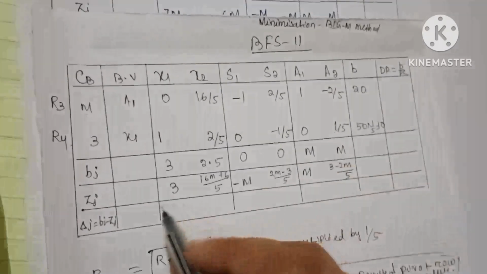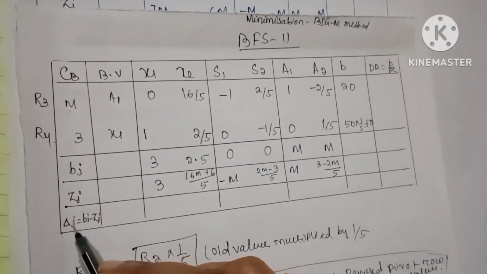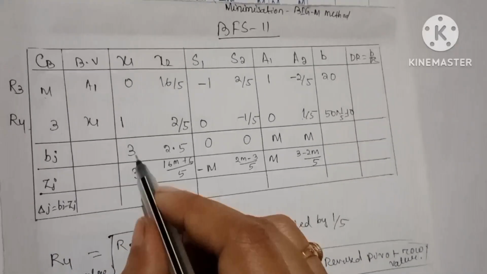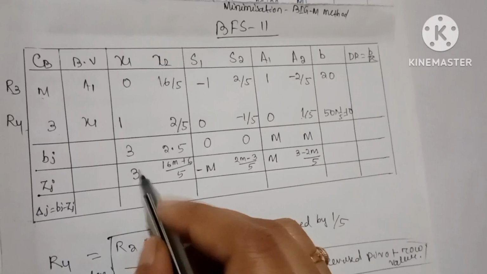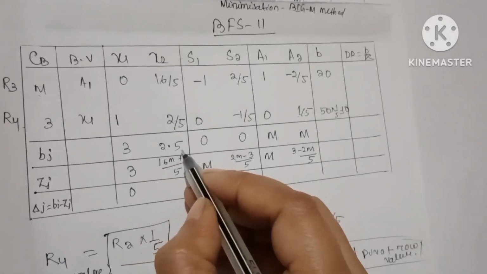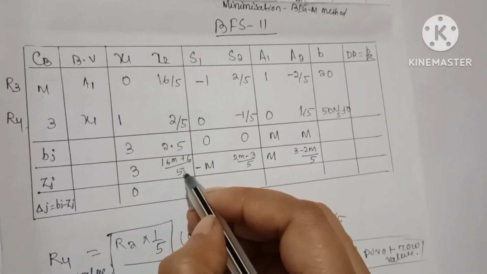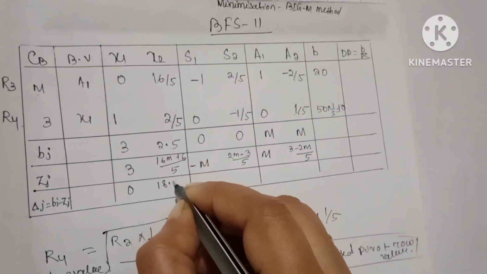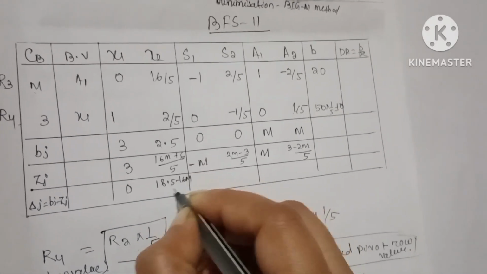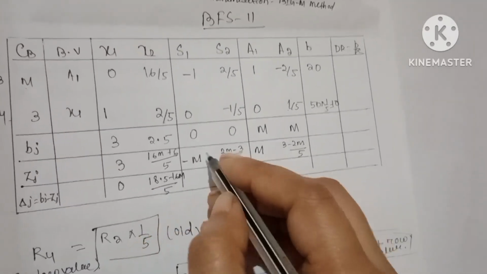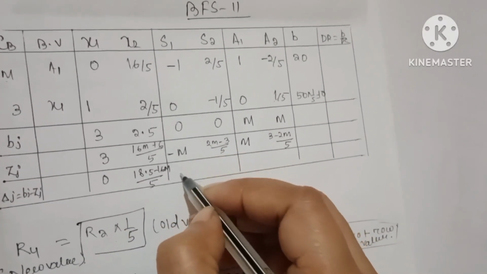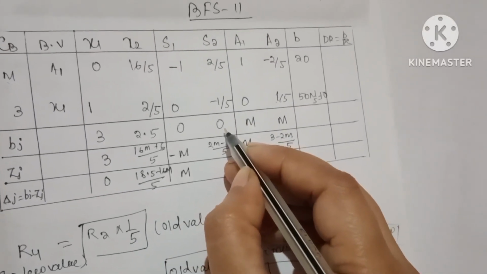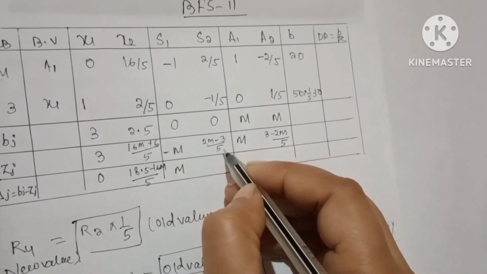Okay, now we'll calculate the values of the indicator row. The formula is bj minus zj. So this is 3 minus 3 equals 0, and 2.5 minus 16m plus 6 by 5. After simplification, here we'll get 18.5 minus 16m by 5, and here 0 minus minus m equals plus m, and this equals 0 minus 2m minus 3 by 5.